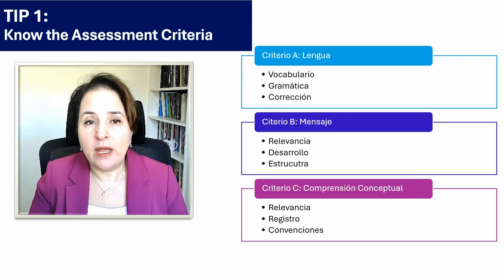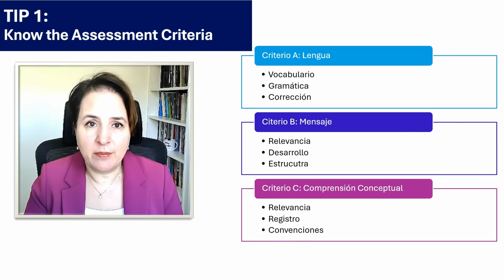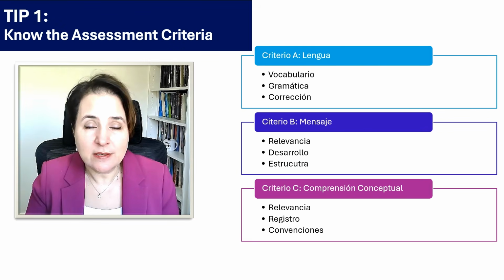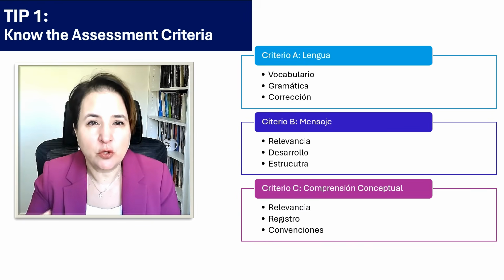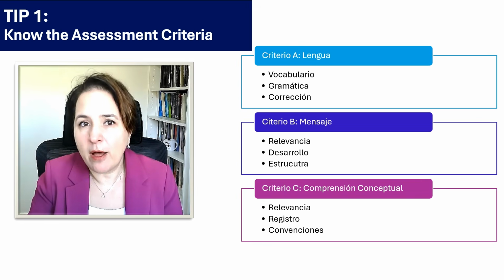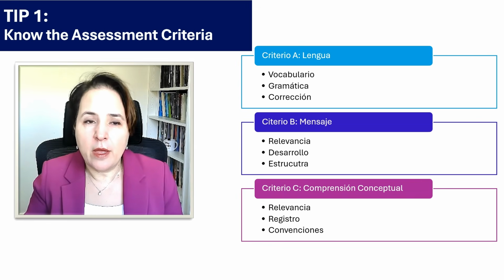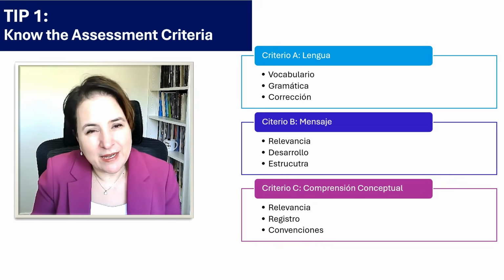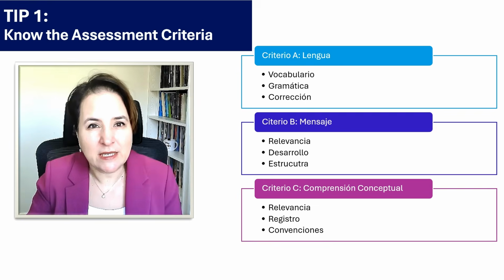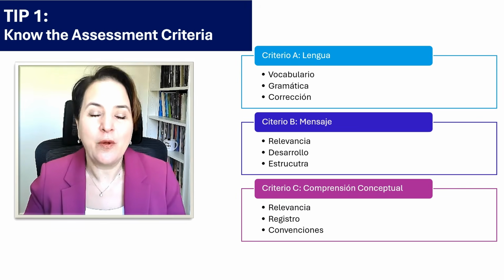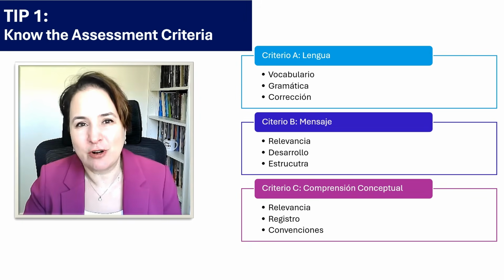So the 3 subsections I want you to think about are vocabulary. Is your vocabulary varied? Is your vocabulary specific to the topic that you've chosen? Secondly, the grammar. How complex is the language that you are using? Are you just keeping it safe and just using basic grammatical constructions, or are you taking some risks? Are you experimenting with complex structures?